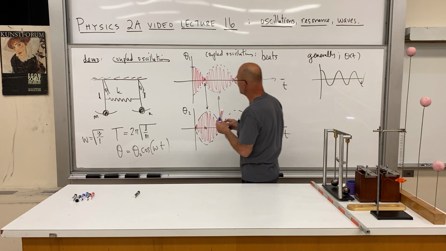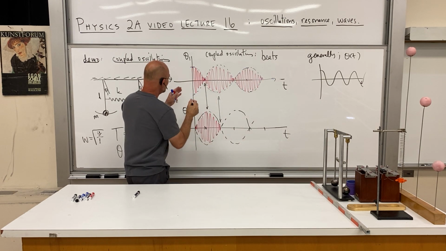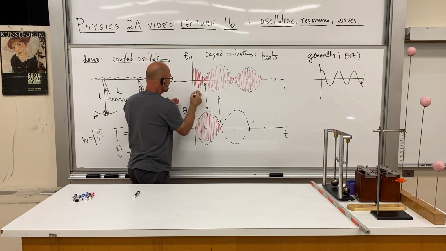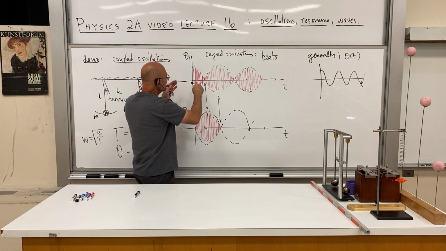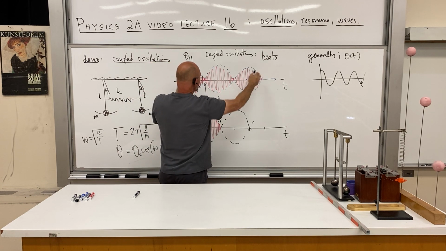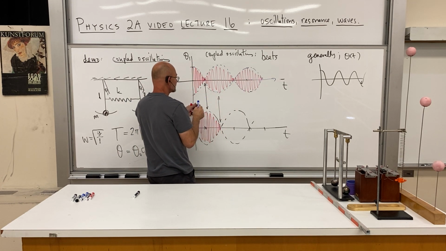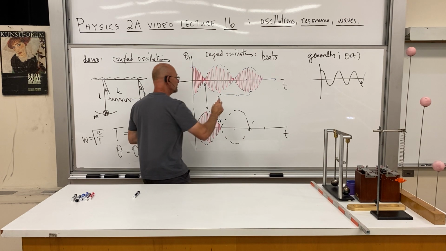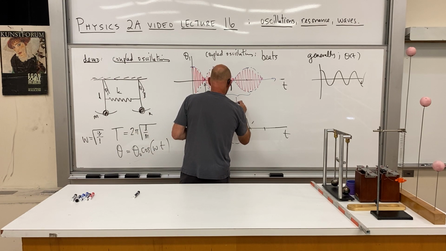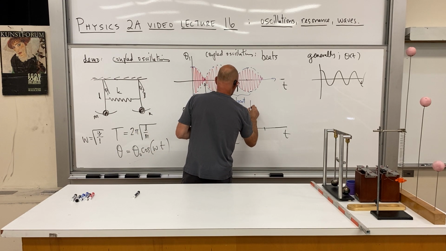So the original period is just this very small amount of time on my graph. But the beat frequency and the beat period are this larger one here. So let's just do a peak to peak. There is our beat frequency or beat period.